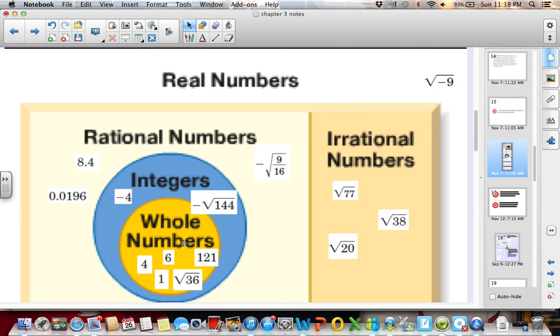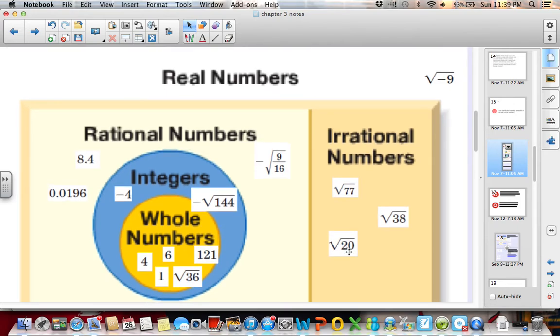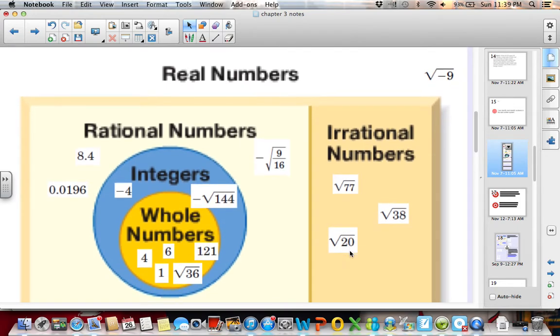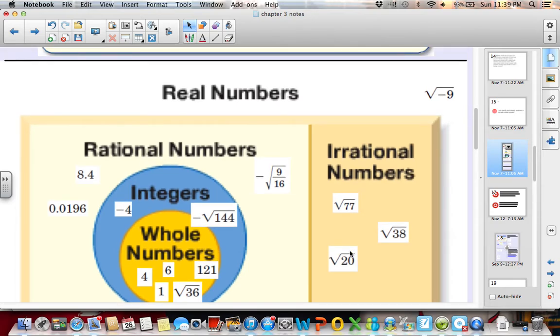All of these are whole numbers and integers and rational numbers. All of these numbers are irrational numbers because they cannot be expressed as a fraction. It's a decimal that goes on and on and on forever, and it's not repeating, and it doesn't stop. Square root of -9.